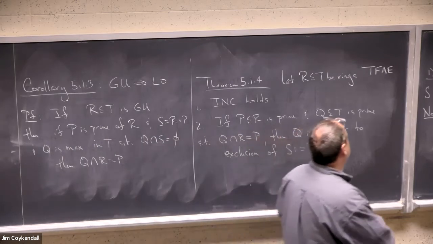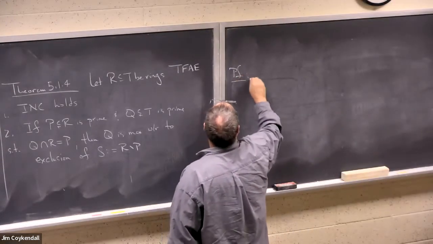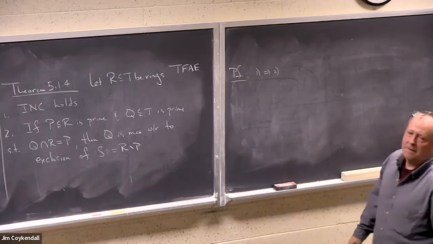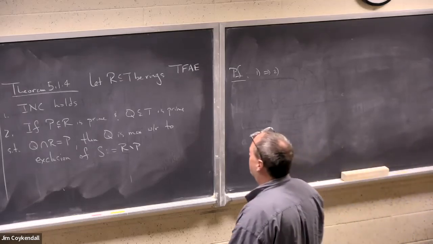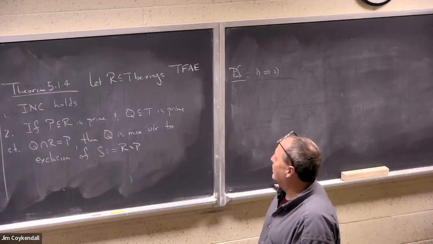Let's go through this. Okay, see if you guys can help me out on this. Okay, so we have incomparability. What does that mean? That means if you have 2 primes that contract to the same prime below, then they can't be comparable. So given incomparability, how are we going to show this?